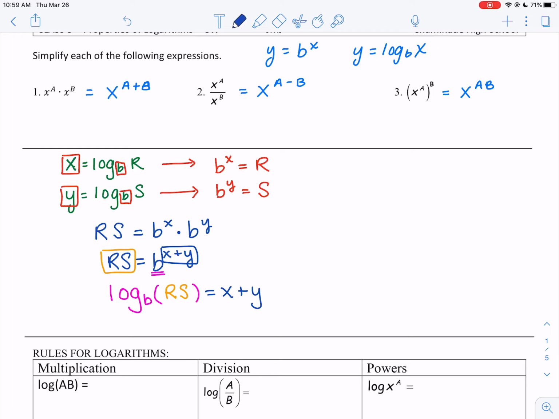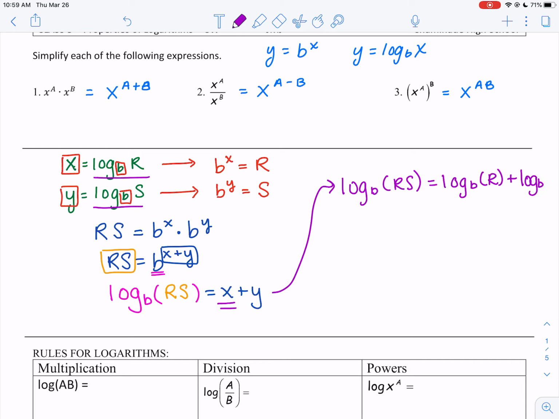We actually had an expression for x, and an expression for y. Let's rewrite this as log base b of rs, and let's replace that x with log base b of r, plus the expression for y, or log base b of s.